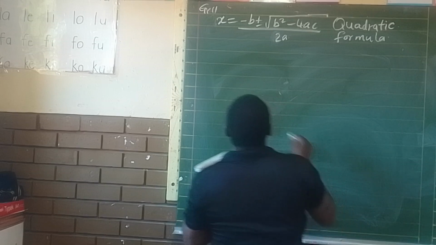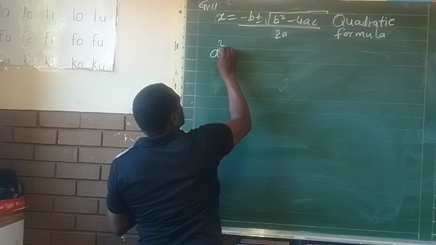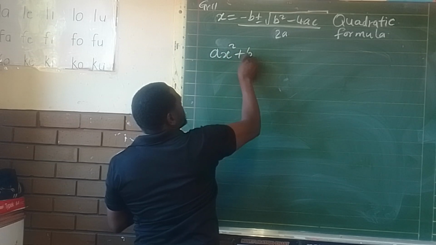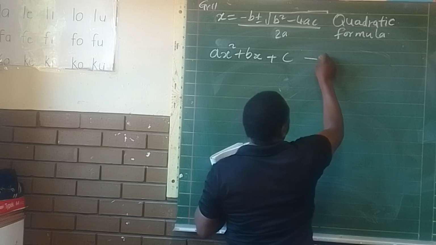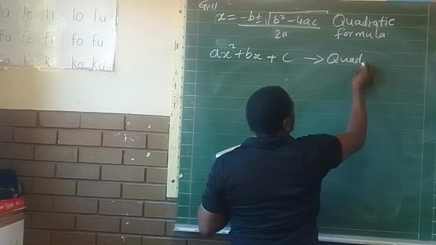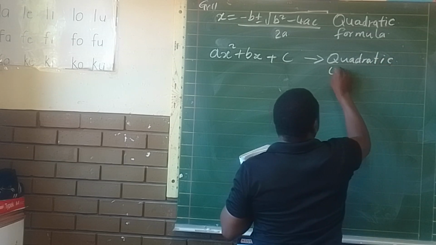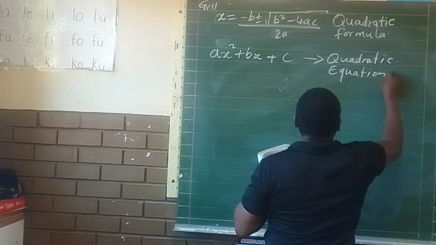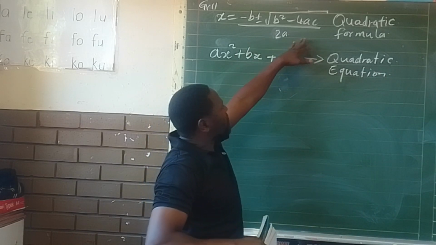And then we have ax squared plus bx plus c. This is a quadratic equation. This is a quadratic formula.